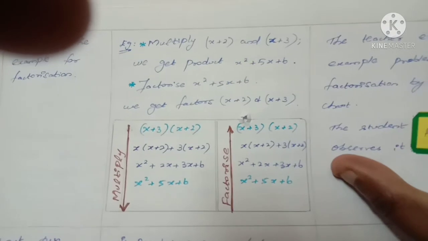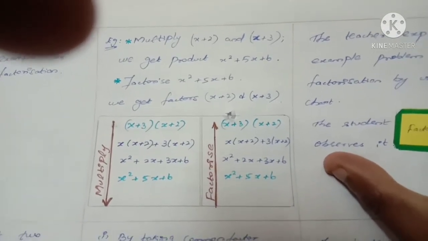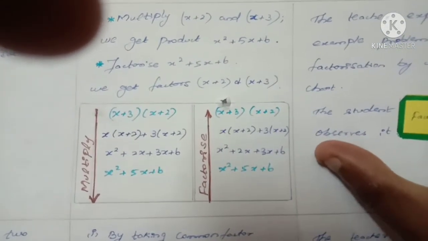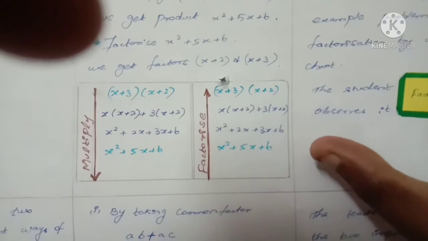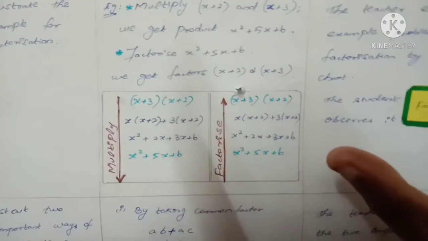Here x into x plus 2 plus 3 into x plus 2, that is x square plus 2x plus 3x plus 6, that is x square plus 5x plus 6. So this is called the factorize method.